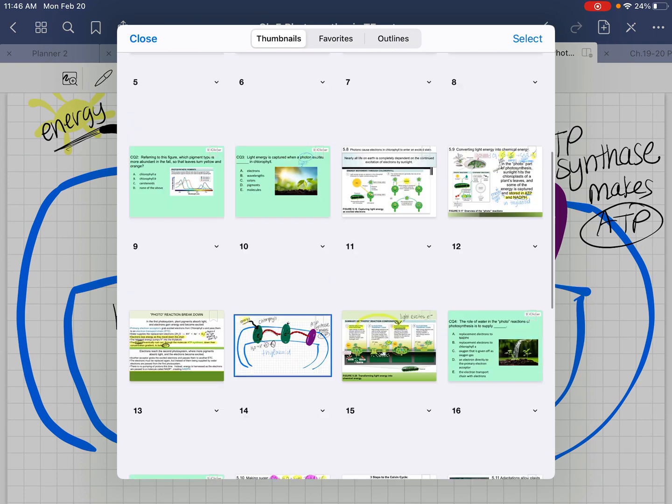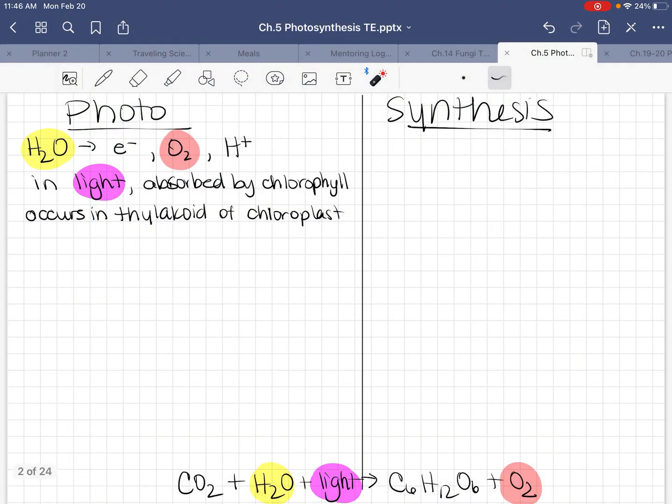So we're going to go back to our list and write that down. So our electrons go down the electron transport chain. And as they move down that chain, they lose energy.